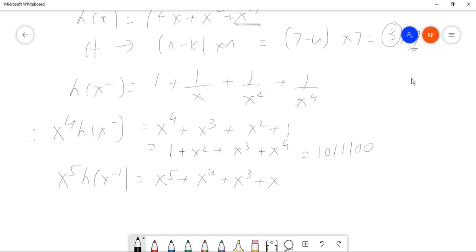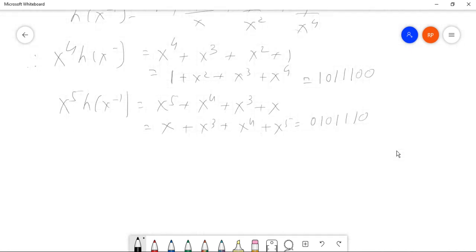In the proper order, the smallest power first. Constant is not there, so write 0. x is there, so 1. x square not there, x cube is there, x raised to 4 is there, x raised to 5 is there. Let us count 1, 2, 3, 4, 5, 6. Add 1 extra 0, because we need 7 columns.